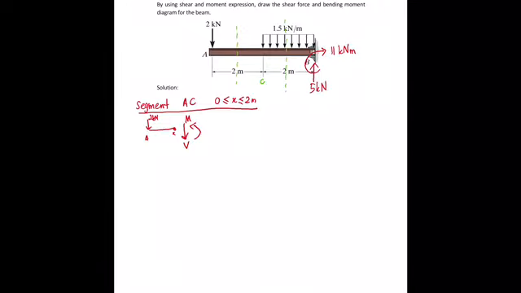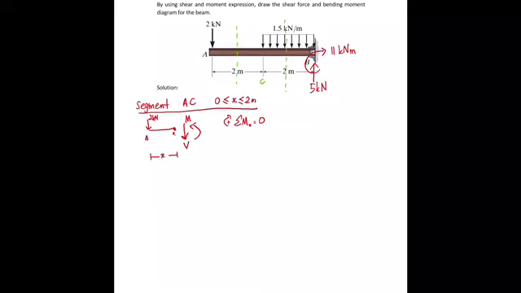By equilibrium equations, you can come up with an equation for moment and an equation for shear. Summation moment at x is equal to 0, clockwise is positive, then don't forget the distance.